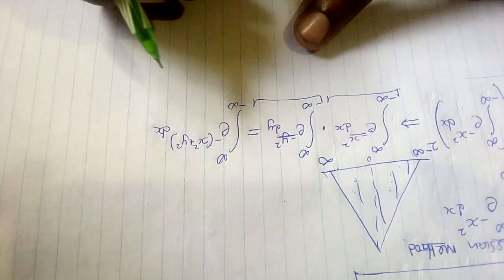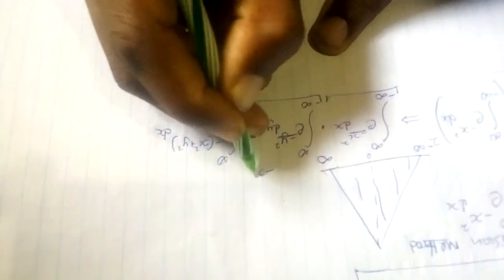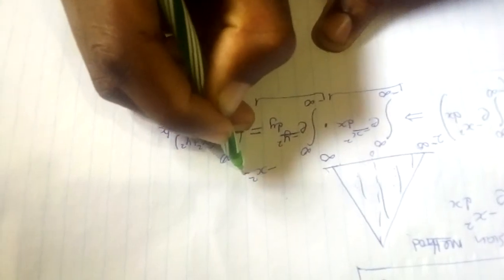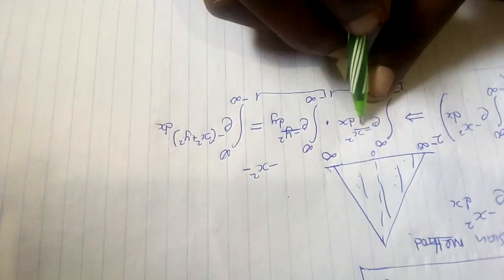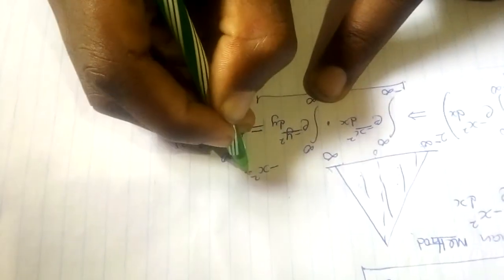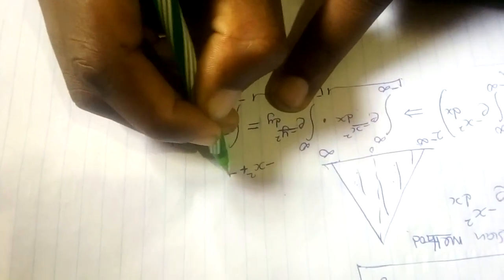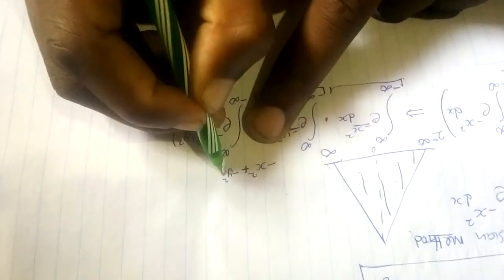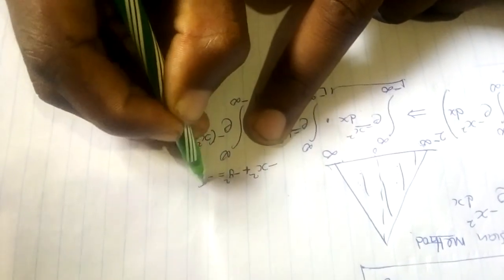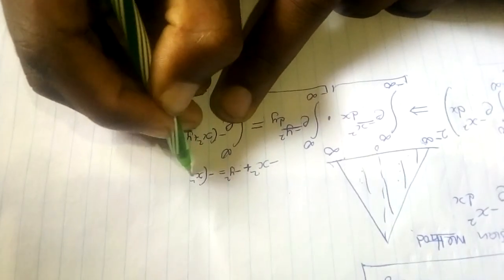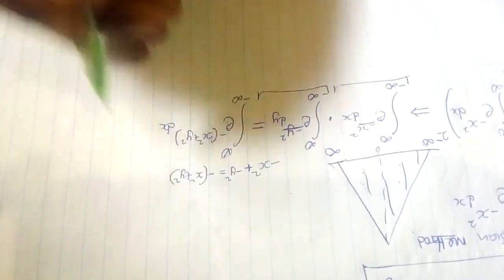So we'll have negative x squared, but here because it is multiplication, we'll have plus negative y squared. So this will give us negative. When we take out the negative, we'll have x squared plus y squared.